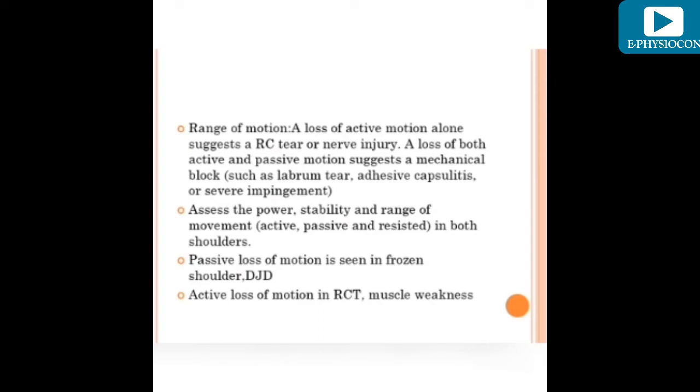A loss of both active and passive motion suggests a mechanical block, such as a labrum tear, adhesive capsulitis, or severe impingement. Assess the power, stability, and range of movement. When you check the range of motion, you will get to know many things and have an idea about the different conditions the patient is going through. Passive loss of motion is seen in frozen shoulder and degenerative joint disease. Active loss of motion is seen in rotator cuff tears, and muscle weakness is also seen in rotator cuff tears.